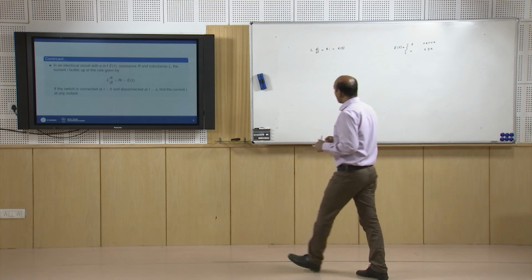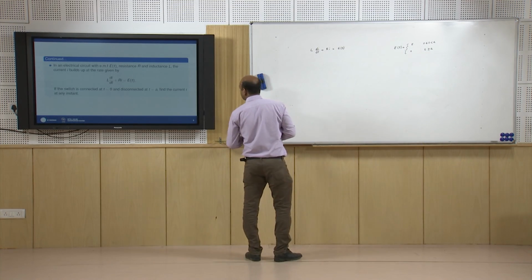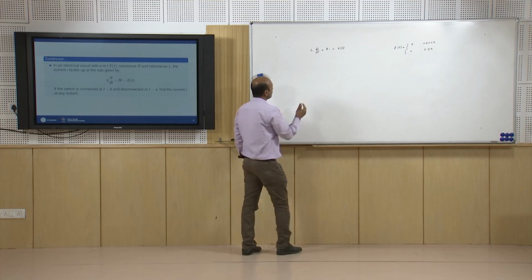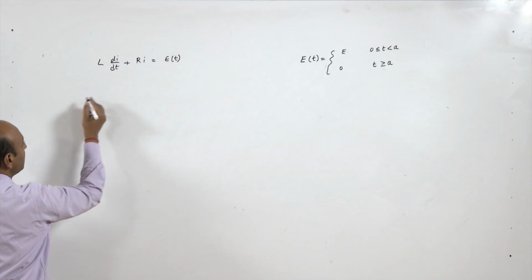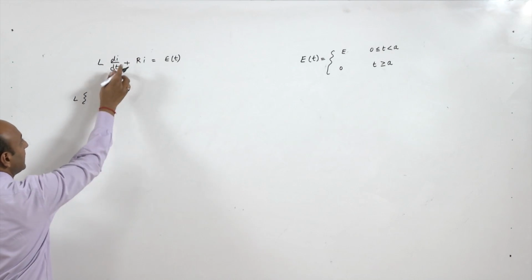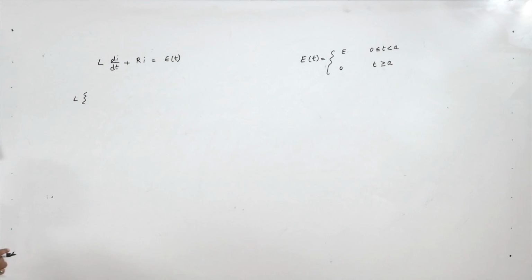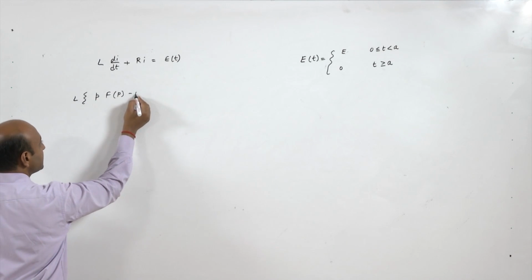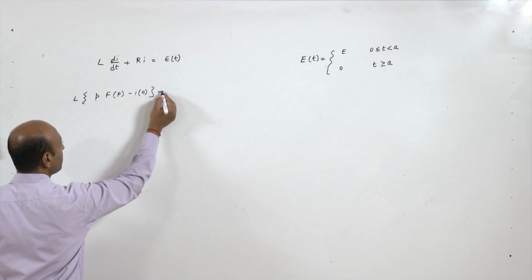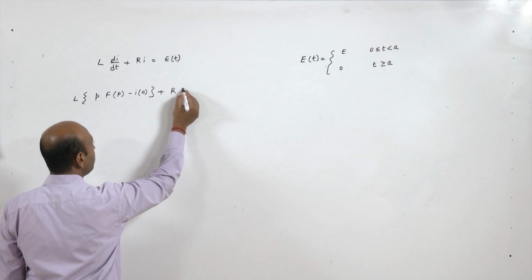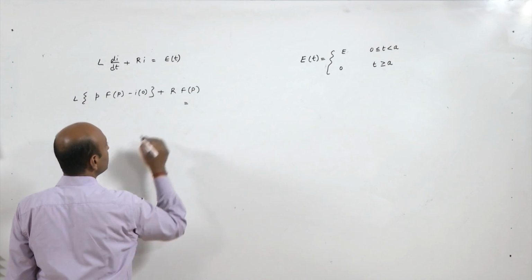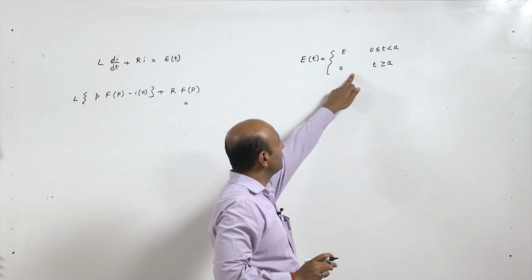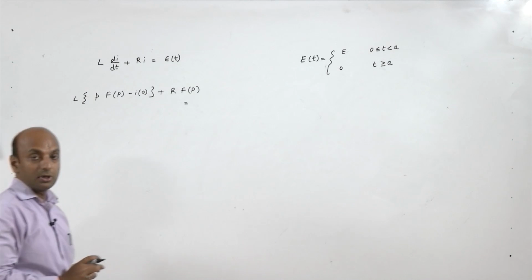Okay. Now, to find I at an instant t, we will use Laplace transforms. So, take the Laplace transform on both sides: the Laplace transform of L di by dt, which is given by P into Fp minus I0, plus R into Fp, is equal to Et. Et is given by this expression.